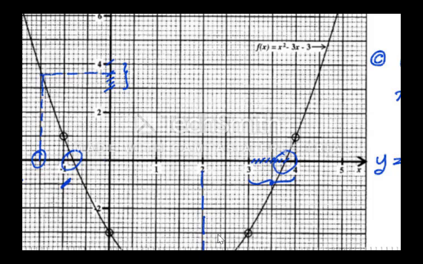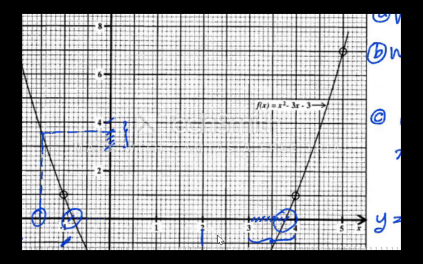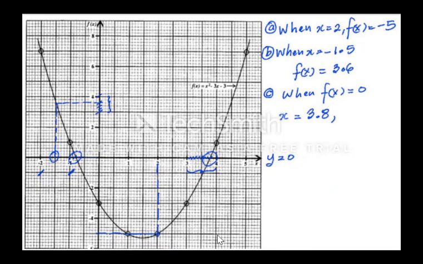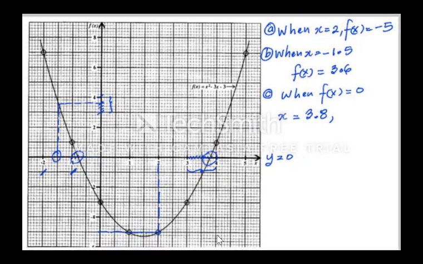So this would be 0.1, 0.2, 0.3, 0.4, 0.5, 0.6, 0.7. This would be 0.8. So when f of x is 0, x is equal to 3.8, and x is equal to minus 0.8. All right, more questions?